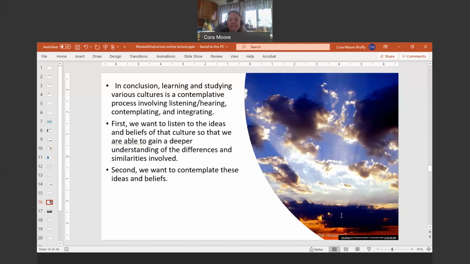And then that leads us to the integration part, and that's just we find a way to take that information that we have just listened to, we have thought and mulled over in our heads, and we integrate it in our lives so that we are empowered to move forward in those positive and productive ways for ourselves and for others.